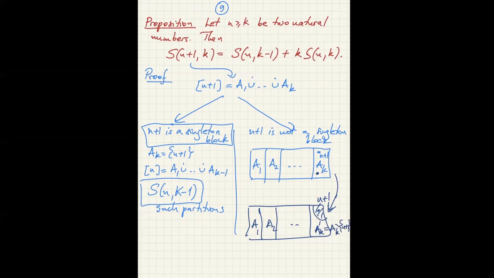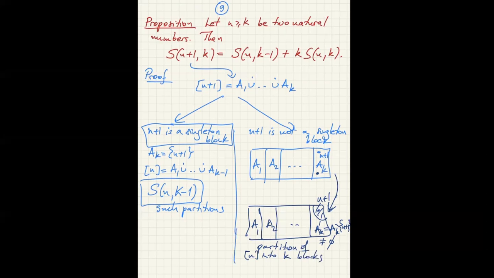And because AK was not a singleton, this A prime k is not empty. So this here, A1, A2, AK minus 1, A prime k, is a partition of n into k blocks. Okay, so that's one direction.